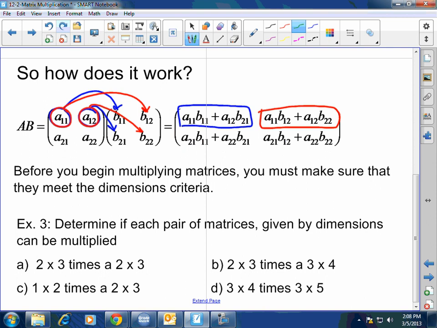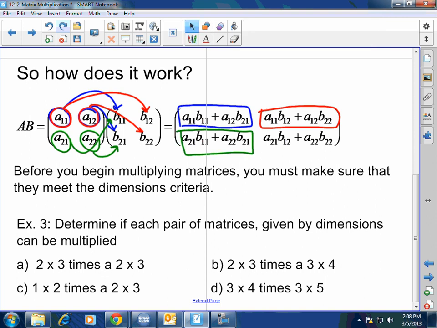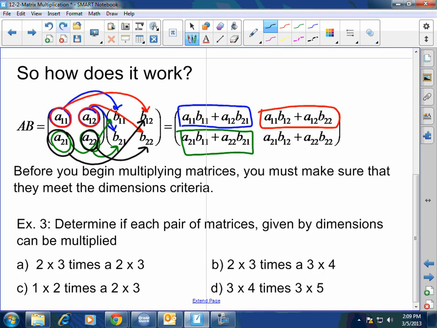Now, A21 times B11, then A22 times B21. That's my green one right there. And last but not least, A21 times B12 and A22 times B22.